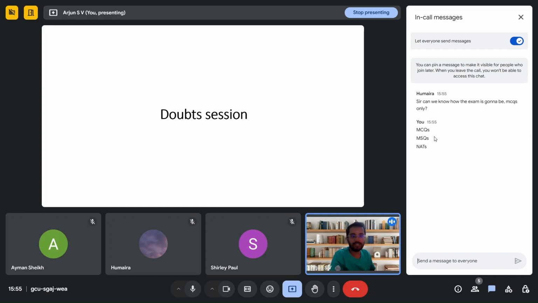Your MSQs are multiple select questions where you will be given multiple options and asked to choose all the correct options. So if you are given four options, you can choose two or three or four options. Numerical answer type questions, NATs, are where you have to type your answer as a number, in a box like this chat box.